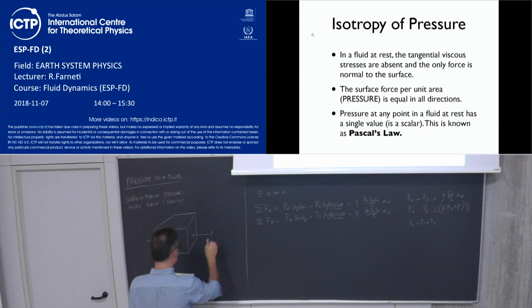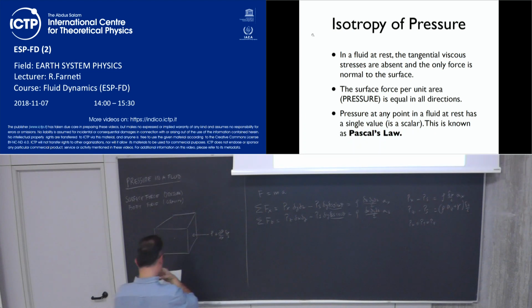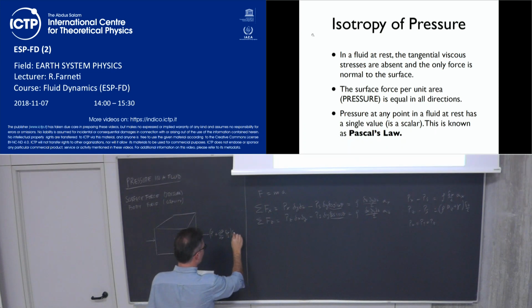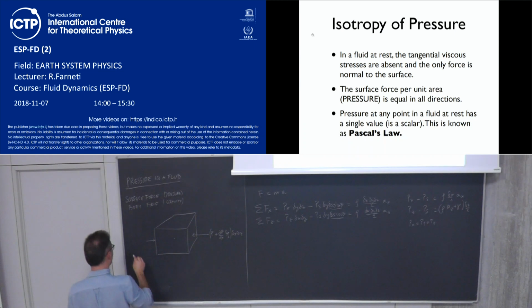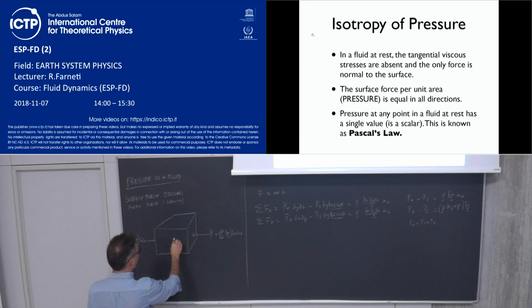So we have the pressure p plus dp by dx, dx over 2, in y and z, and here we have p minus dp by dx, dx over 2, in y and z. Okay, so we just do a Taylor expansion to approximate the value at the boundary with respect to the center.